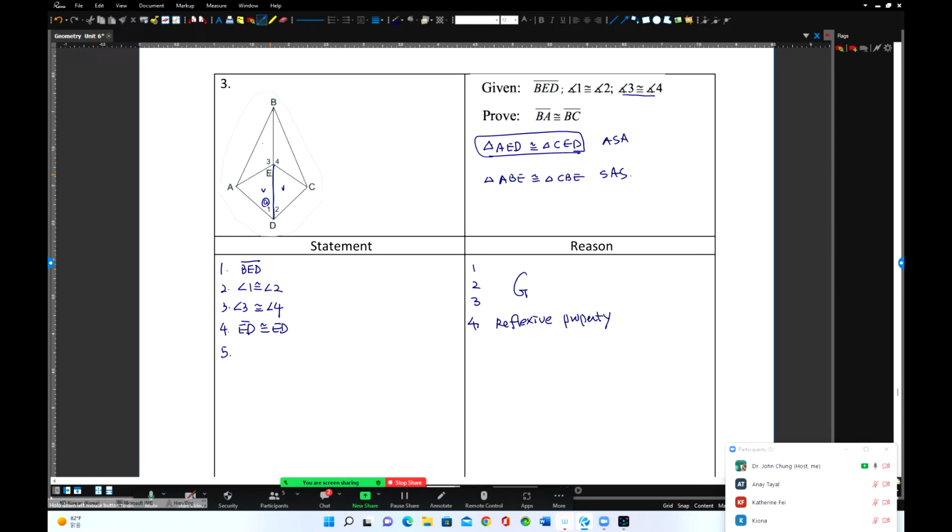Now we need one more over here. We need this angle, right? I'm going to use angles 5 and 6 to make it simple.